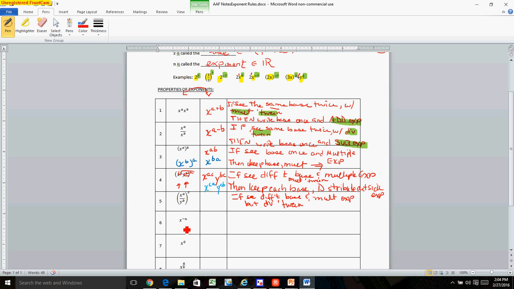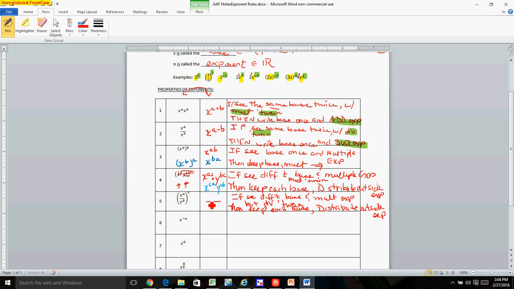So this can be, but division in between, then keep each base, and distribute that outside exponent. So that doesn't sound any different. But it just means you keep the division, right? Just like here we kept the multiplication.